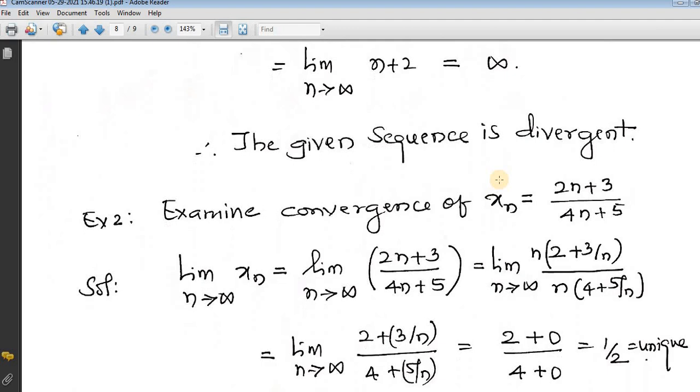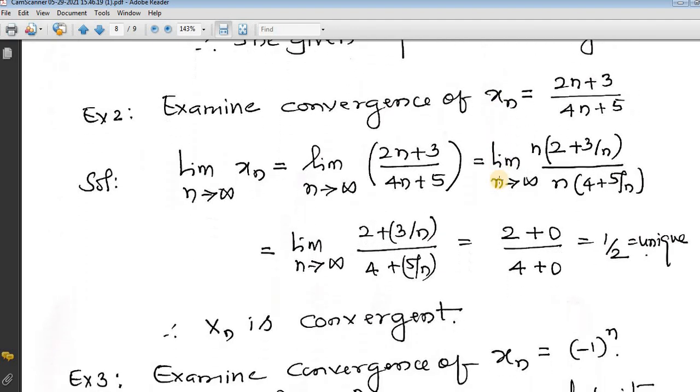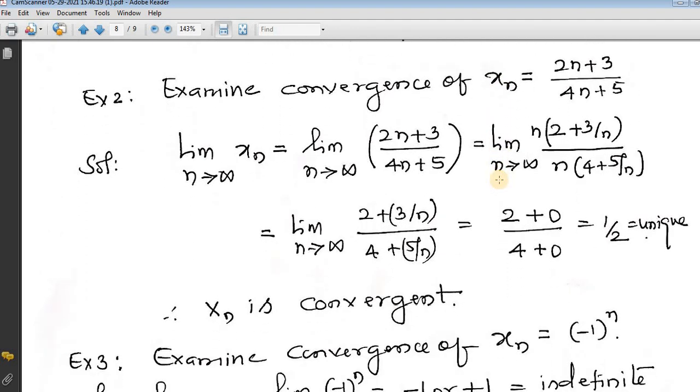Second example, what we are doing in the programming is examining the convergence of xn equals 2n plus 3 divided by 4n plus 5. So as usual, the solution will be limit n tends to infinity xn, limit as n tends to infinity 2n plus 3 divided by 4n plus 5. Again take n outside, in the numerator and also in the denominator.